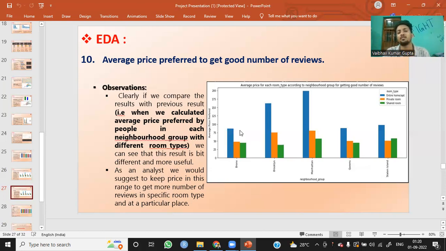So the price gets reduced, and this is what makes the difference. So it is best to keep the price in this range for a good number of reviews.